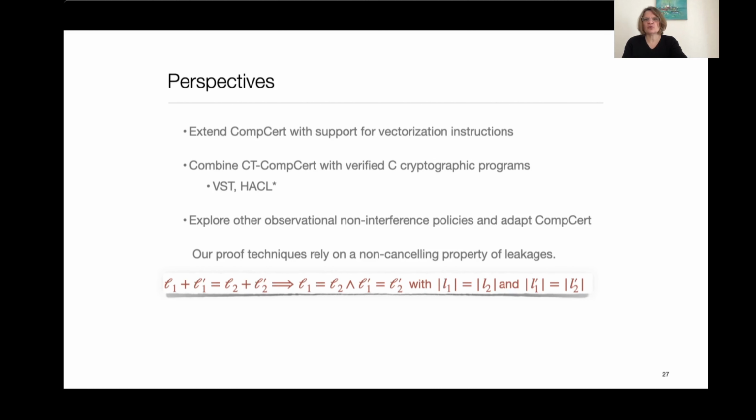For instance, Andrew Appel, Lennart Beringer, and other people at Princeton verified the correctness and security of OpenSSL HMAC using the VST program logic that operates over the C-like language. So it would be interesting to reuse our CompCert to ensure that their implementation is constant time as well.